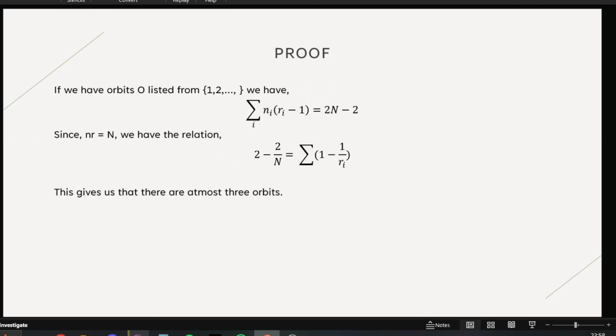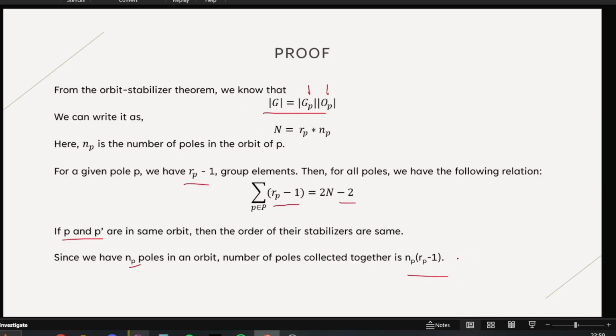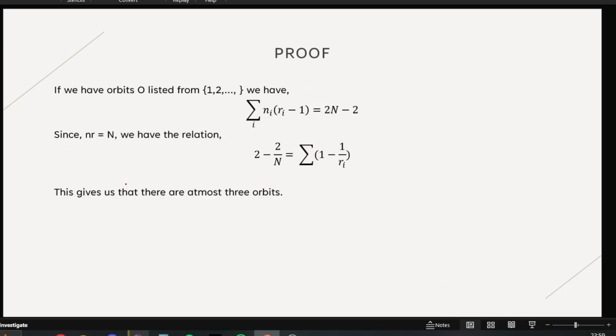Since the group is finite, the number of orbits will also be finite. So this is for one orbit. If we have k orbits, from 1 to k, then we will have the sum for i equal to 1 to k of this relation.